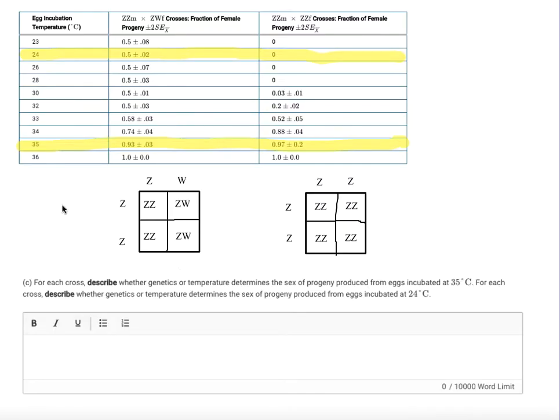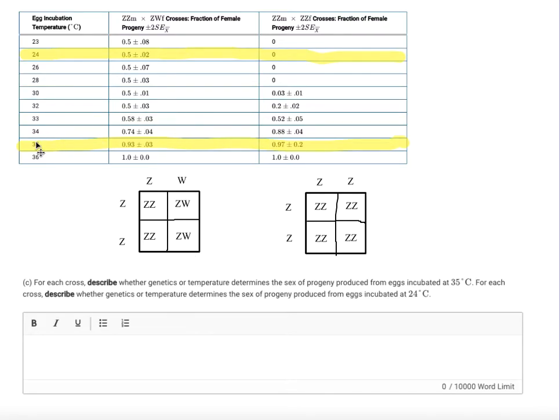So what I did, just to clear things up a little bit, is I drew a couple of Punnett squares. I basically broke down, if we got a ZZ and a ZW, these are the gametes that it could produce, and here's how they would combine. So looking here, at 35 you would expect a 50-50 ratio because these are always male, these are always female.